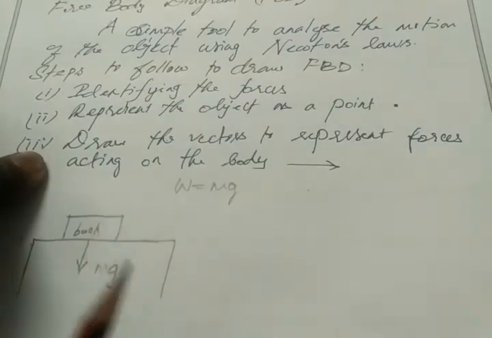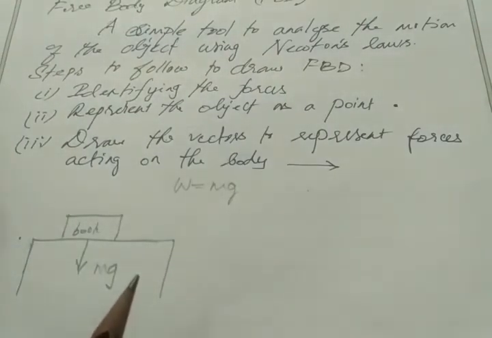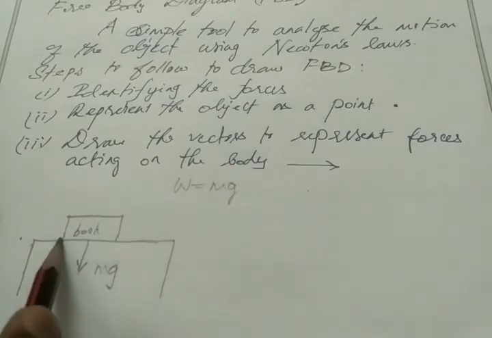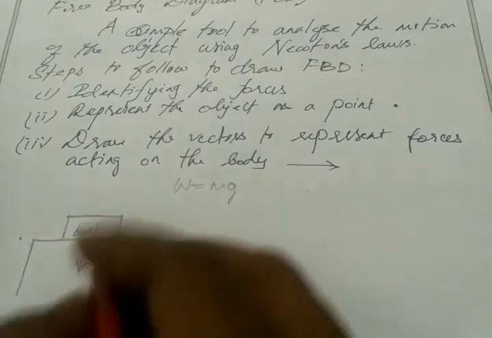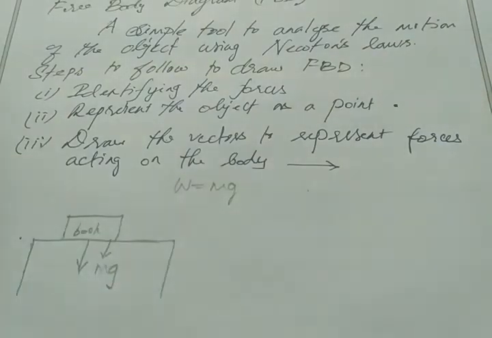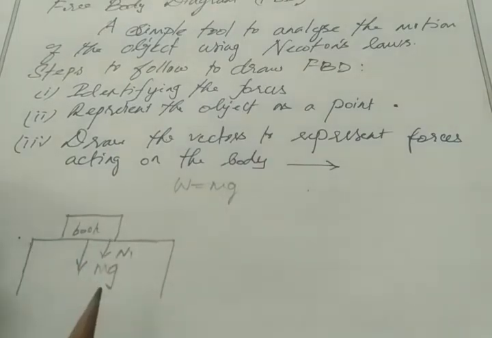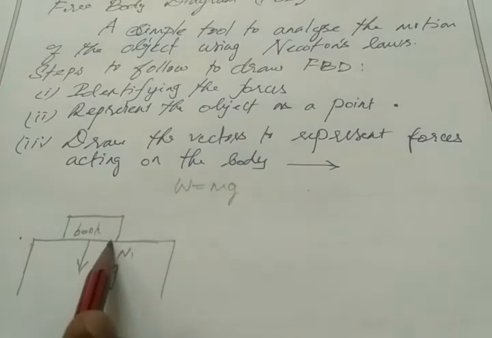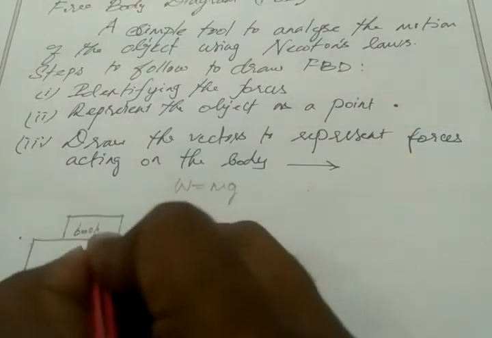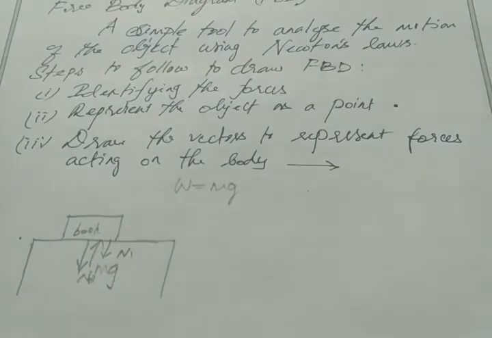The book provides one normal force on the table in the downward direction, right? Similarly, the table presses the book upwards. So we have to draw a normal force in such a way that it compresses the object. So the table provides one normal force upwards. Clear?